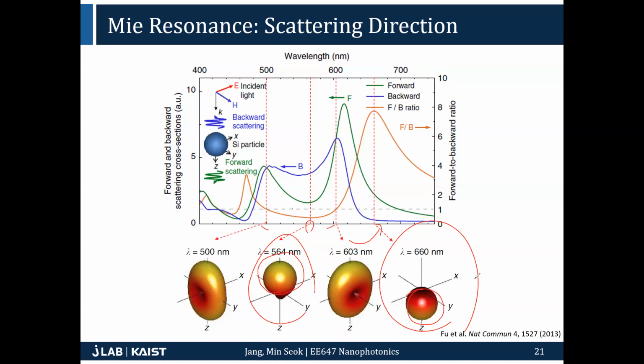Can anyone imagine why this happens? Why do we have a strong forward or strong backward resonance depending on the frequency, depending on where we are with respect to the resonance position?